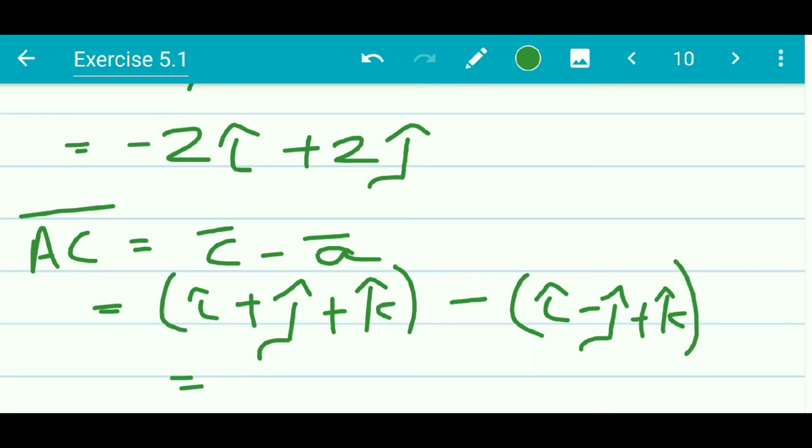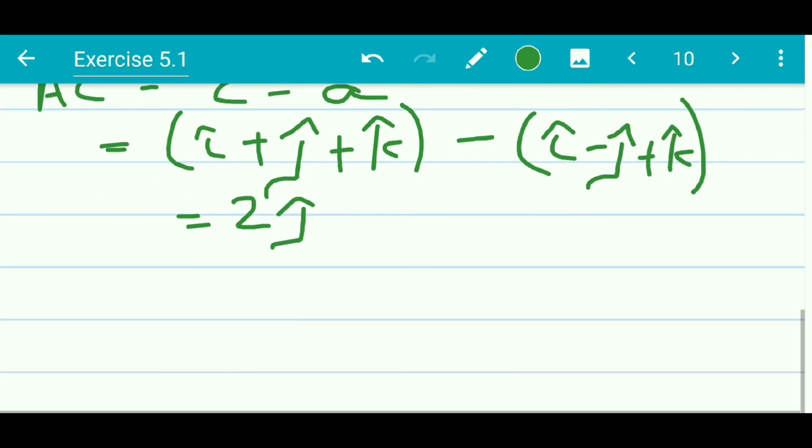Upon solving it, it comes out as 2j, because i minus i becomes 0, j plus j is 2j, and k minus k also becomes 0. So we have AC is equal to 2j, and similarly also AD.